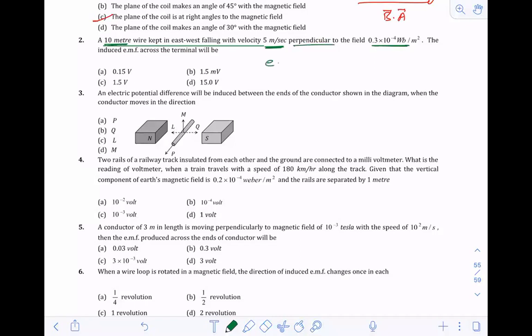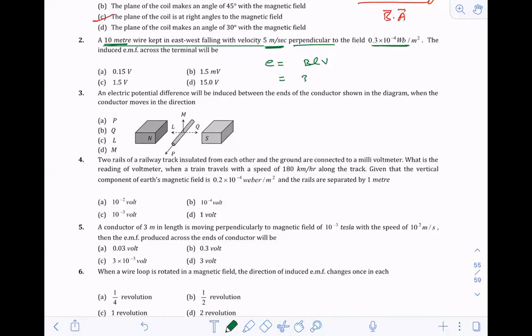So nothing I have to do, I have to just multiply them all together, BLV. So now basically what I'll be doing is the job of a class 5 student. Few people have answered D, few people have answered B, and I don't know who doesn't know to multiply. Okay, let us see.